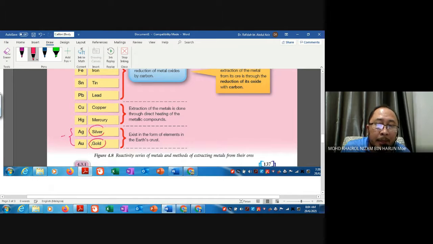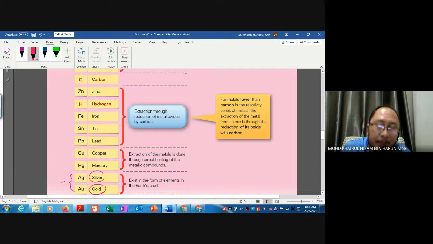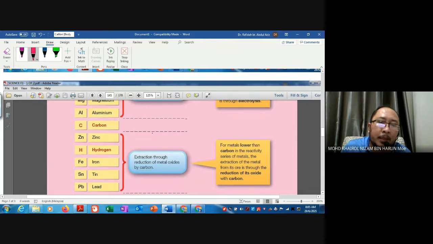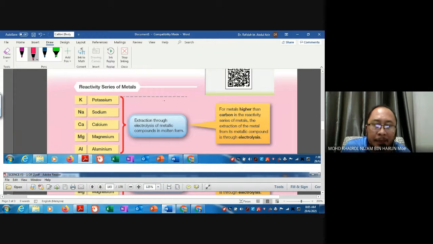But for other metals, they exist naturally in a compound form. So in the compound form, they will combine with other elements. So what we have to do is extract this metal from their compound or from their ore itself.